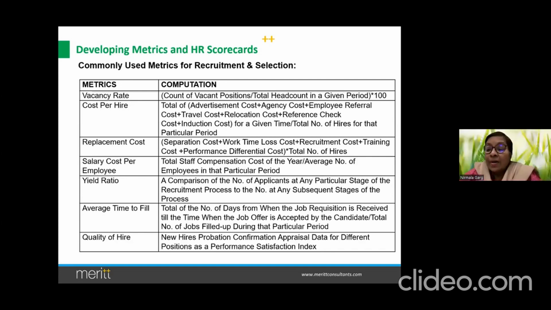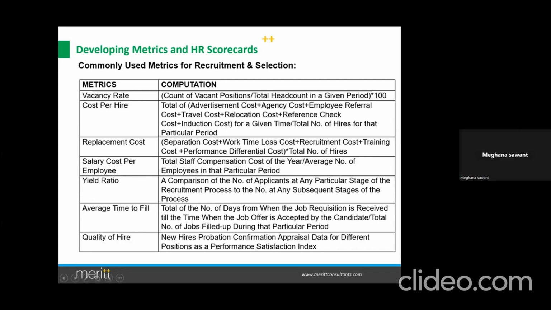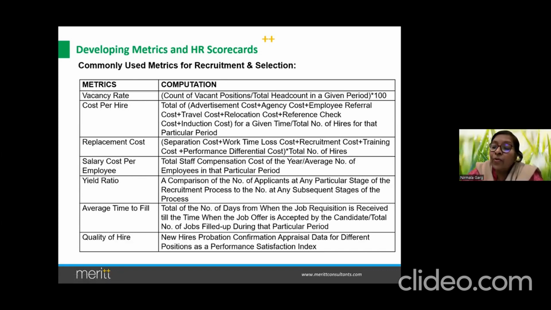Okay. Typically, if you look at the recruitment process, you can use this funnel approach.